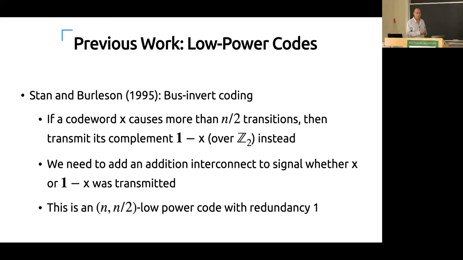But the receiver needs to know whether the original vector or the complement was sent, so an additional interconnect is needed to signal that. So there's a redundancy of 1. It's easy to see that this is an n/2 low power code, because the total number of transitions is never going to be more than n/2.